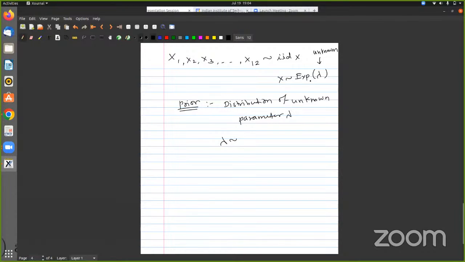It has a distribution of its own, so it varies according to exponential 1 by 20. Maybe you are confused because this is an exponential distribution. But let's say from the prior distribution I know that lambda varies like binomial 5 comma 1 by 2. What does this mean?